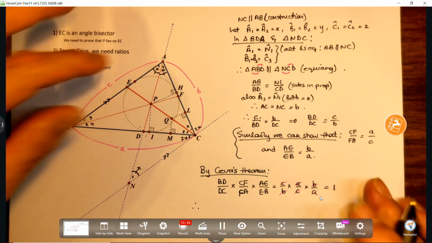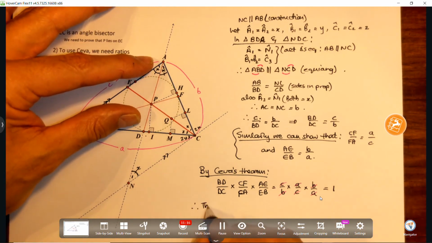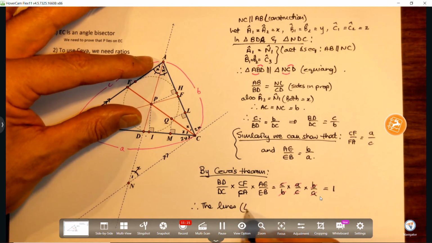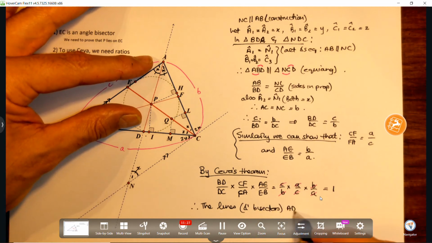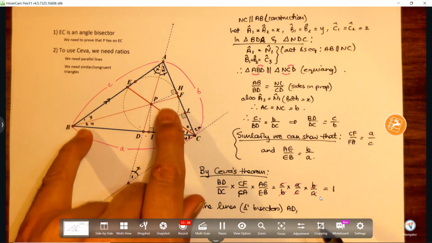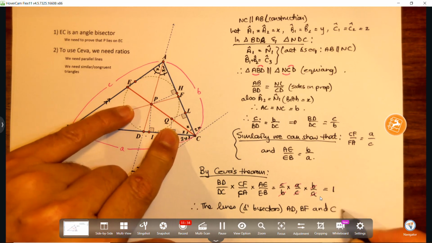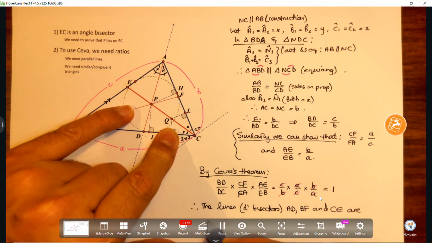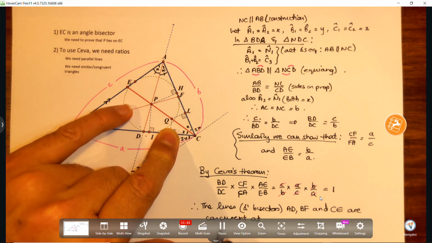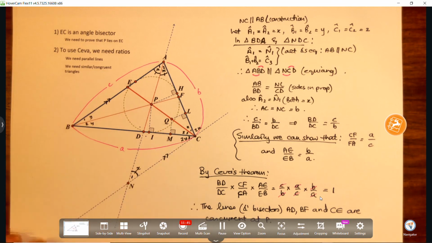Therefore, what can we conclude? The lines, or the angle bisectors, AD, BF and CE are concurrent at the point P. Concurrent has two R's.